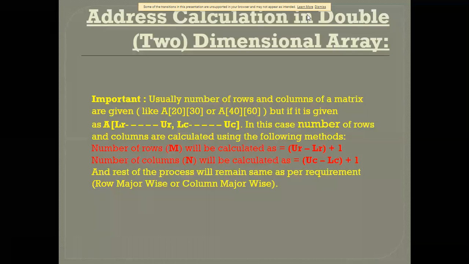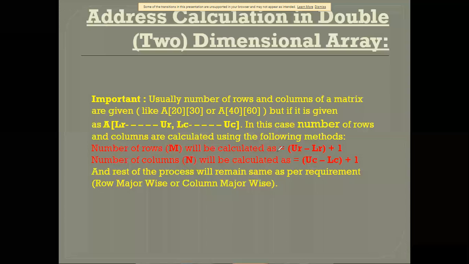The number of rows, M, is calculated as upper limit of row minus lower limit of row plus 1. Similarly, the number of columns is upper limit of column minus lower limit of column plus 1. We have to calculate this if the two-dimensional array is given in lower and upper limit format.